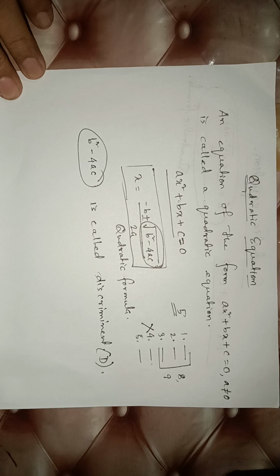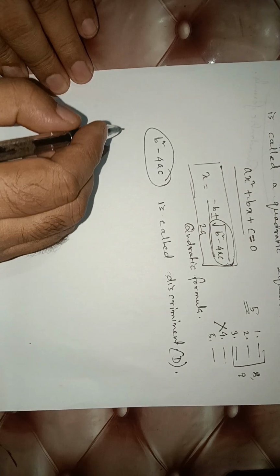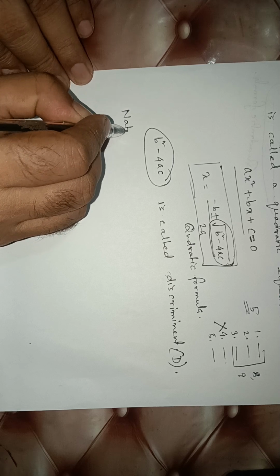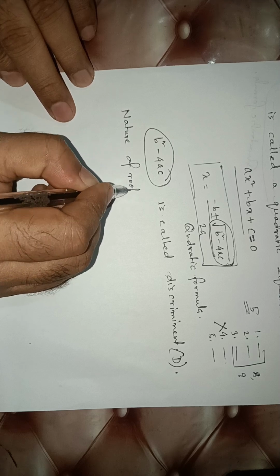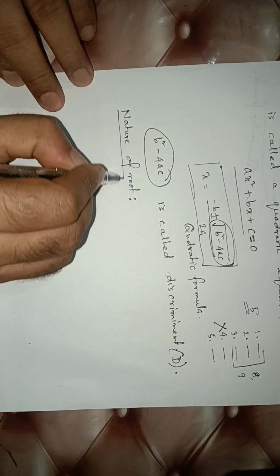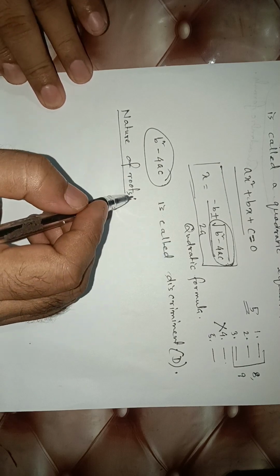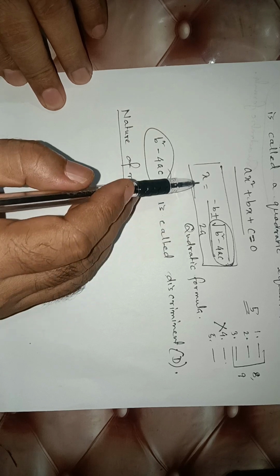Now one condition they have given in this chapter is about the nature of roots. Before starting nature of roots, you have to think about the quadratic formula first.